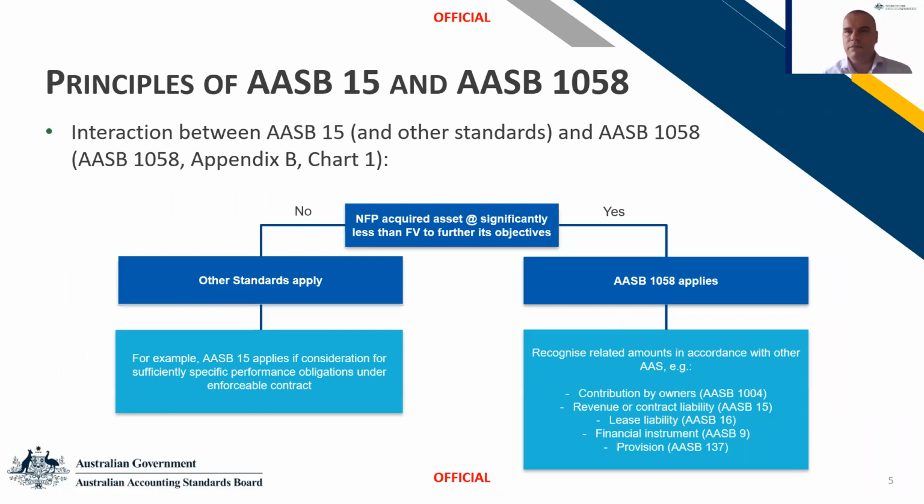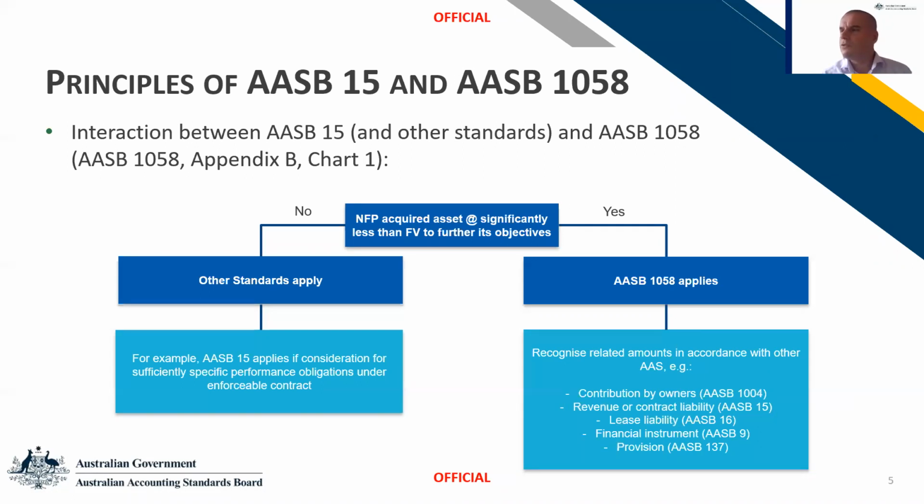This has transpired, not surprisingly, through the targeted outreach: the decision whether the transaction is in scope of 1058 or 15 is one of the significant ones entities are dealing with.